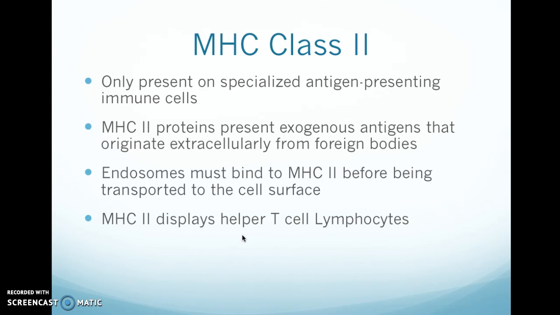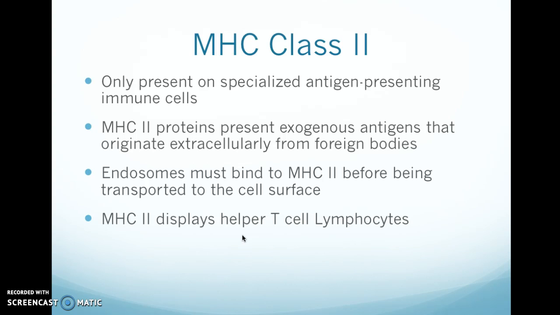And then basically to compare and contrast these two, MHC1 is present on almost all cells, while MHC2 is only present on antigen-presenting cells. And then MHC1 binds endogenous antigens synthesized in a cell, and MHC2 binds exogenous antigens. So MHC2 is outside of the cell antigens, and then MHC1 is endogenous antigens, so inside of the cell.